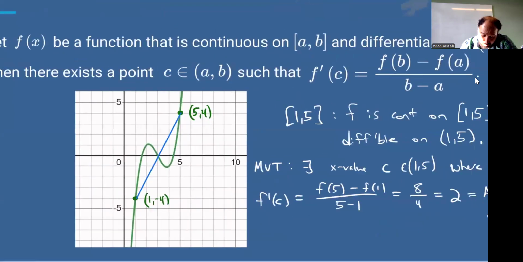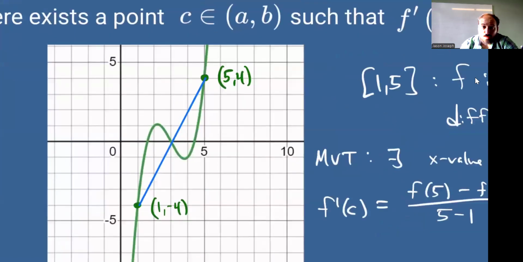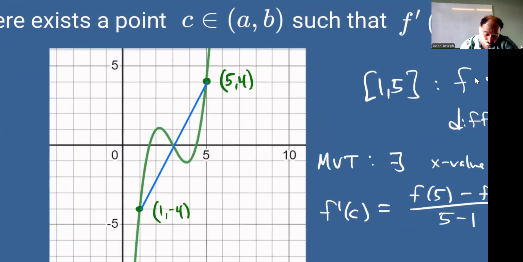Okay, so looking at the picture, let's try to guess where this point is. So it should be a point where the derivative f prime of c is equal to that average rate of change. So it's going to be a point where the tangent line is parallel to that blue line that I just drew.